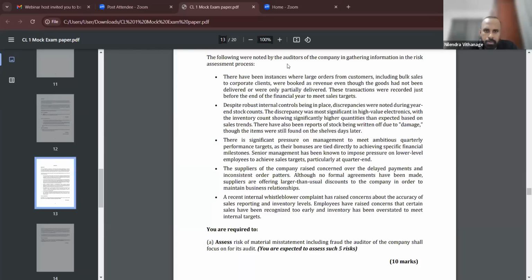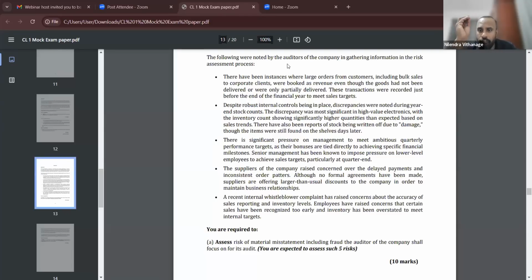Go to third one. Sorry, fourth one. Number 4. The suppliers of the company raised concern over the delayed payments and inconsistent order patterns.